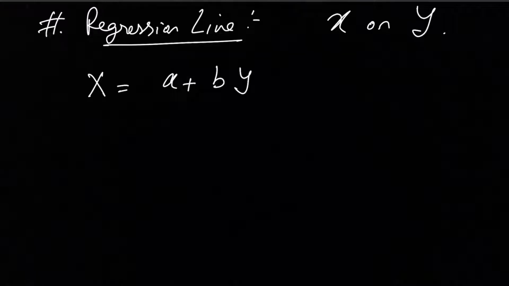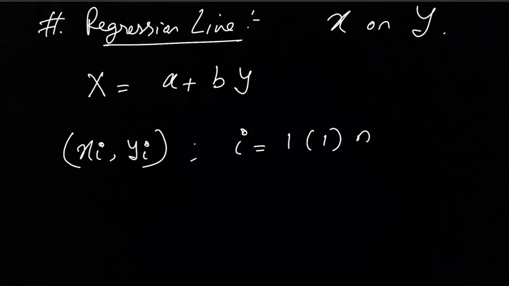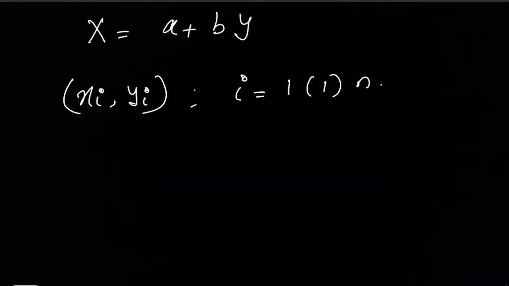And here obviously the bivariate data is still the same, xi comma yi for i is equal to 1 to n. So obviously the error will be ei is equal to xi, the original one, minus the estimated one, that is capital Xi. By the way, let me just write it down like what we did in the previous one.